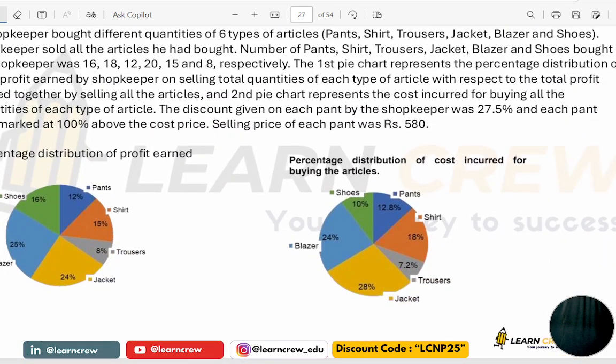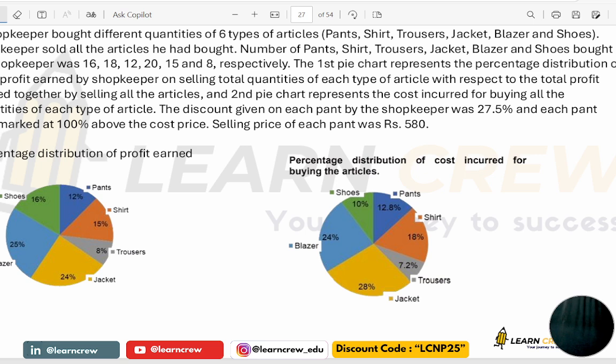Now 24 to 28. We have some pie charts. A shopkeeper bought different quantities of 6 types of articles. The shopkeeper sold all the articles he had bought. The number of pants, shirts, trousers, jackets, blazers and shoes bought by the shopkeeper was 16, 18, 12, 20, 15 and 8 respectively. The first pie chart represents the percentage distribution of total profit earned by the shopkeeper on selling the total quantities of each type of article, with respect to the total profit earned by selling all the articles.